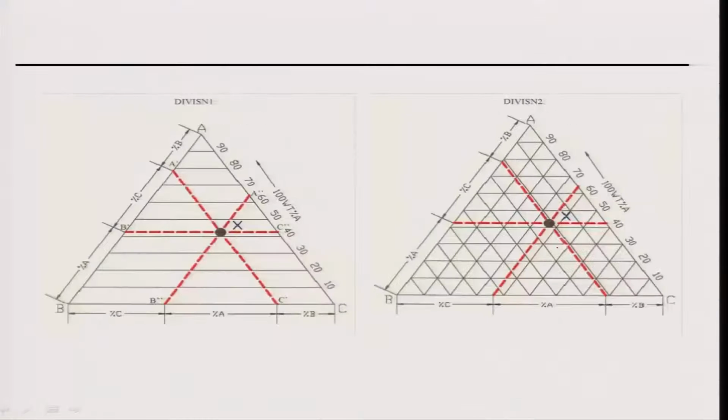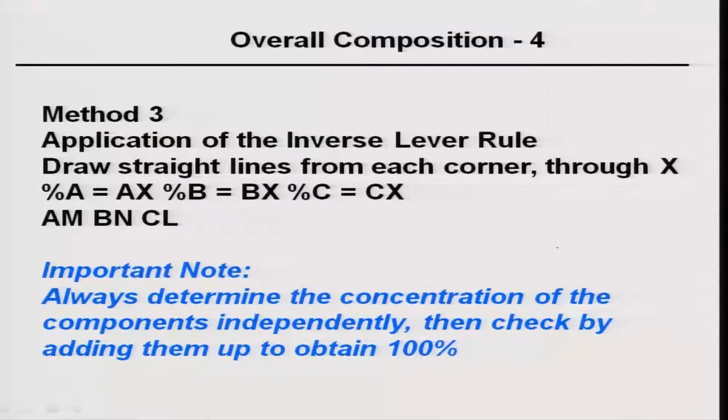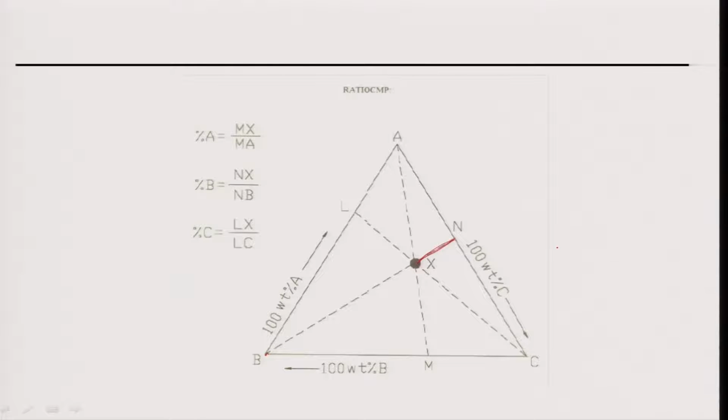Now, to know the compositions, what do I do? Let us go there. To know the composition, suppose this is the point X. I draw a normal to AC, a normal to BC, and a normal to AB. The 3 normals, and each of these 3 normals are sitting on these curves, correct.